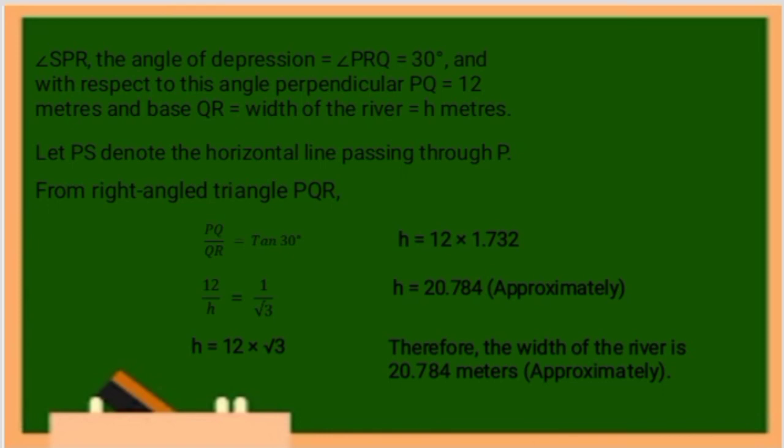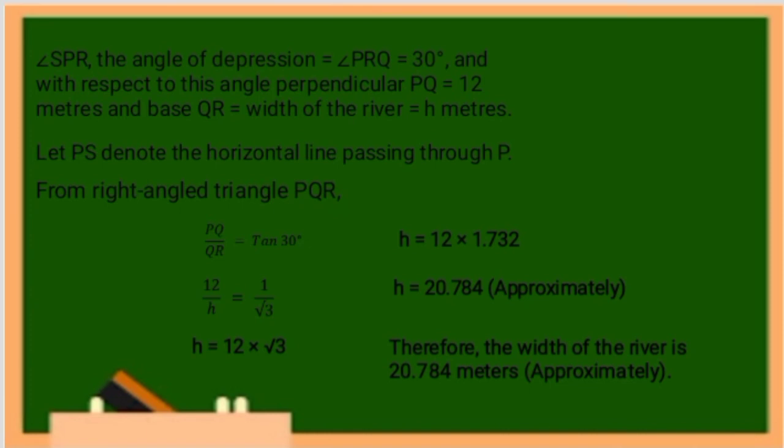Then our PQ, based on the given, is equal to 12. And our QR, which is the width of the river, is unknown. So we will find out the measurement of the width of the river.